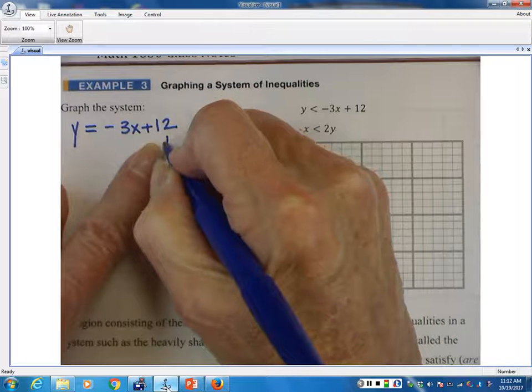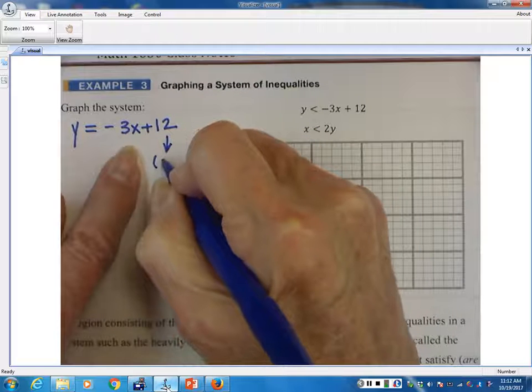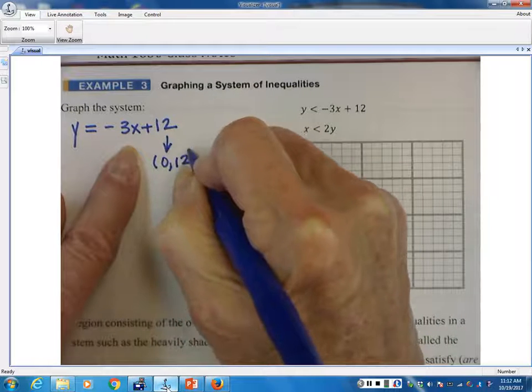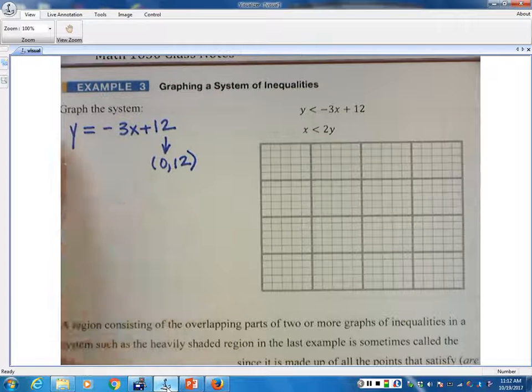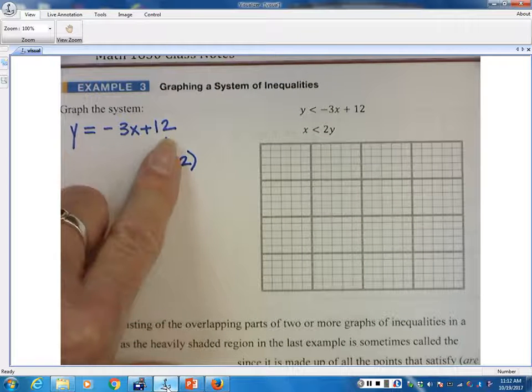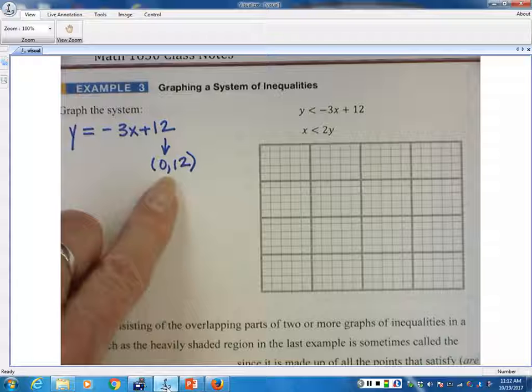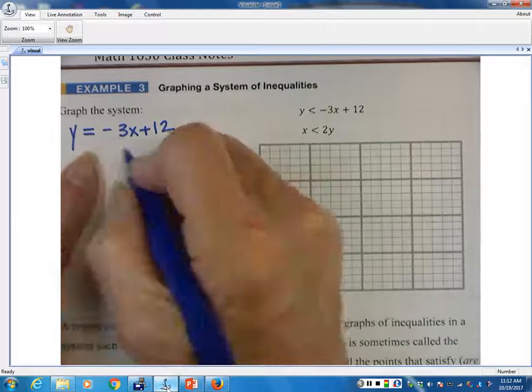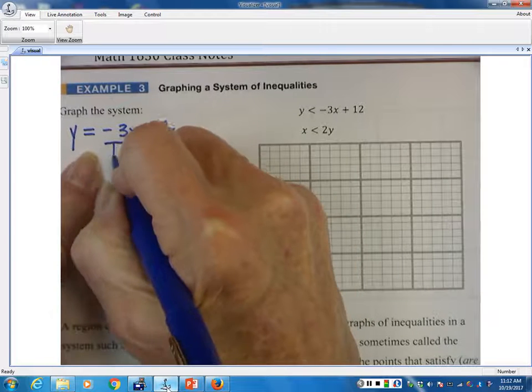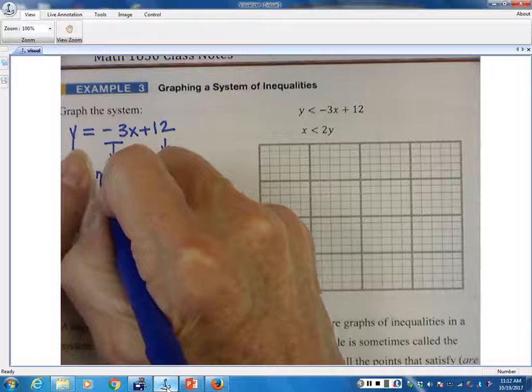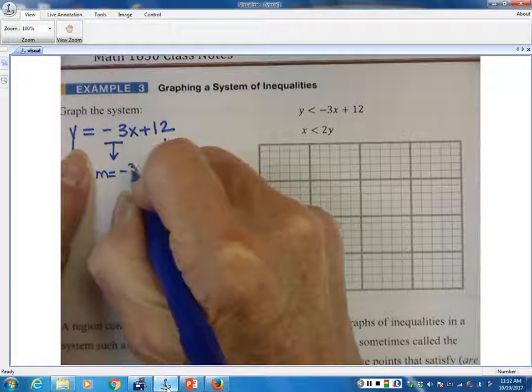So this tells us that the y-intercept is 0, 12, only because it's y equals mx plus b. Okay? So the point 0, 12 is on the line. And we also know by looking at this that the slope is -3 over +1.